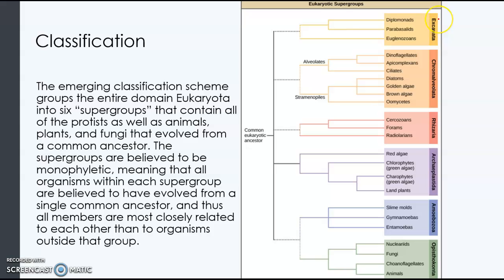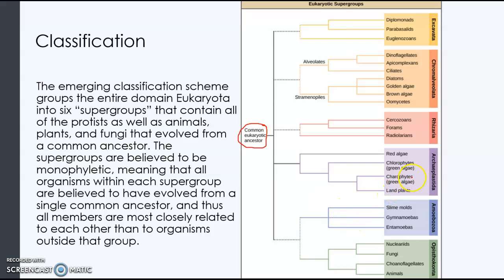These are called supergroups, and the excavata is the first supergroup, but they're called supergroups because sometimes they will contain other organisms besides the protozoans. So basically what you have is a common eukaryotic ancestor. There's an ancestor that's common to all the eukaryotes, the protist, the animals, the fungi, and the plants. So you're going to have fungi, animals, and plants in some of these supergroups.